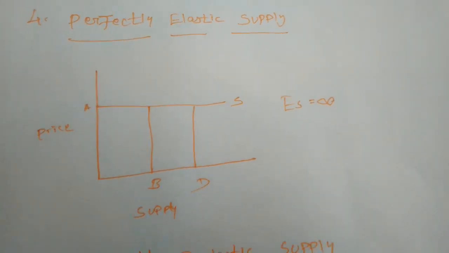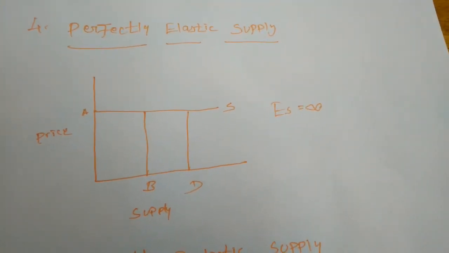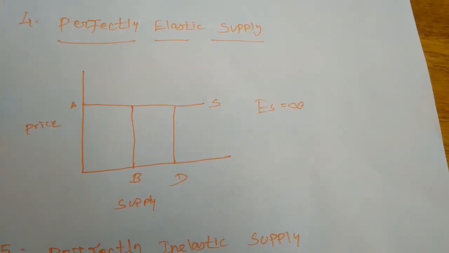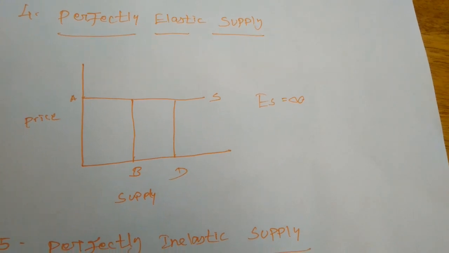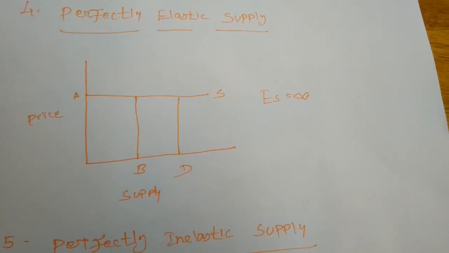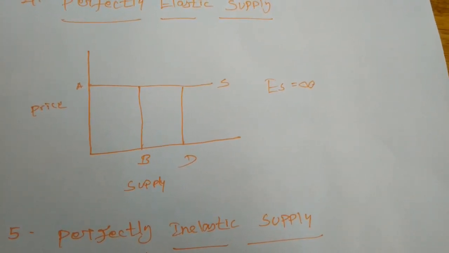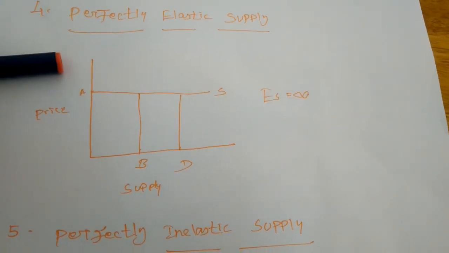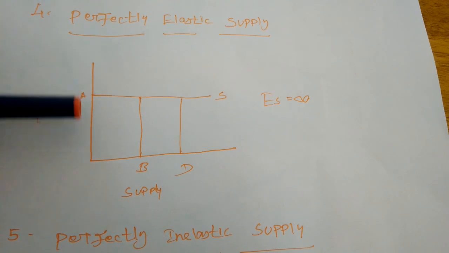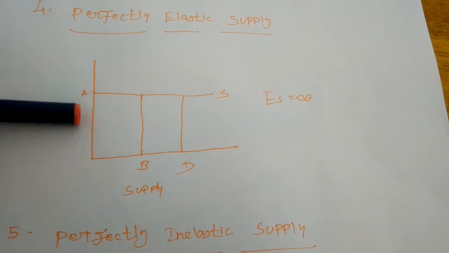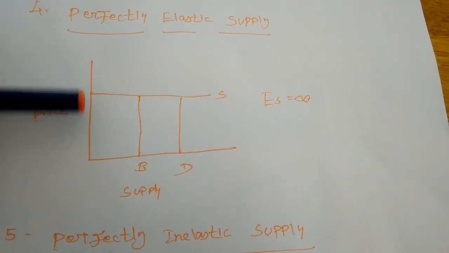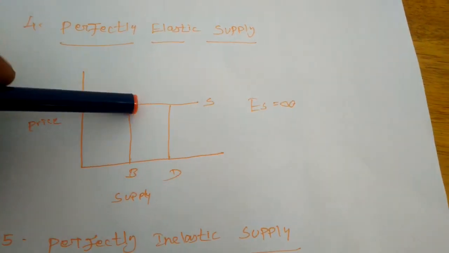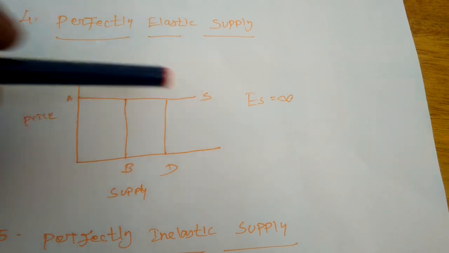For example, the supply of gold. Suppose the price of gold is increasing day by day. The producers of gold will also increase the supply of gold on the basis of the increasing price. If the price of the commodity increases slightly from any point, the supply of the commodity will increase infinitely.